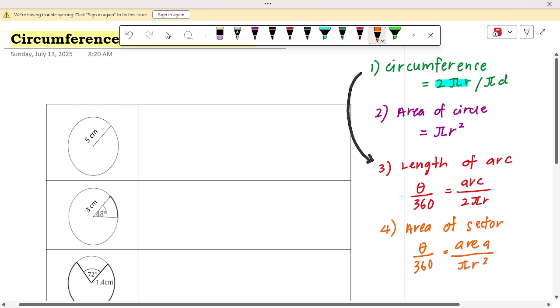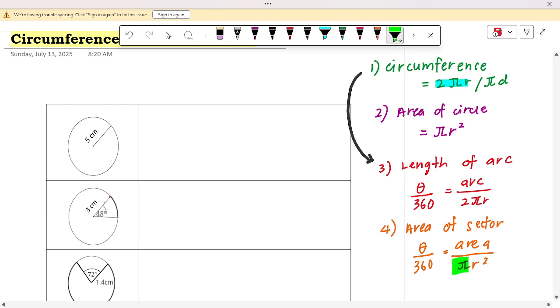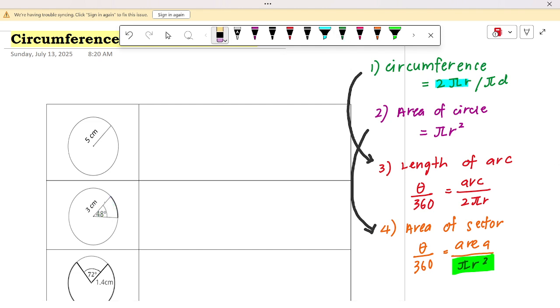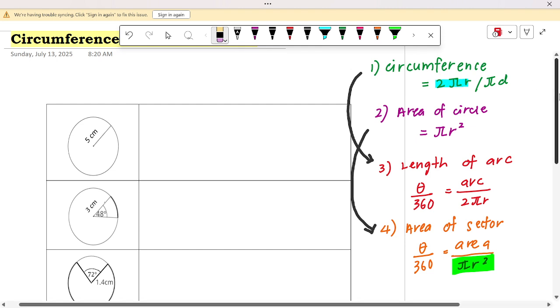If you can see, this pi r square is coming from area of circle. Sector means this, a small part of the circle, so you need to know a specific angle to calculate that area of sector. So these are the 4 formulas which will be given to you in the exam.